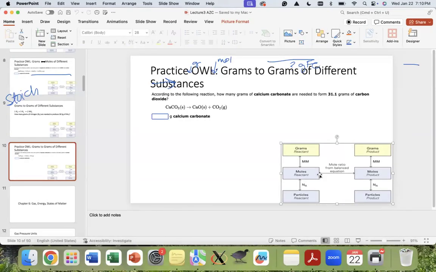So luckily, we already start here in moles, and we can immediately start by switching substances. And then we're going to need the molar mass to then go to grams of our final product. But since we're starting in moles, we're basically starting here.